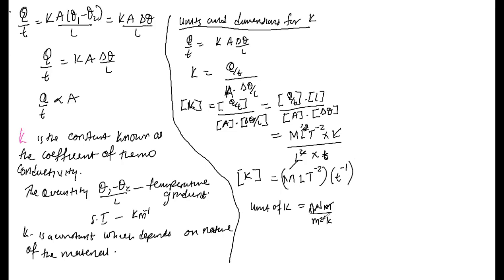I can lose 1 meter, and this will give us Watt per meter per Kelvin as the SI unit of the thermal conductivity coefficient. So W is known as Watt. So those are the SI units of coefficient of thermal conductivity.